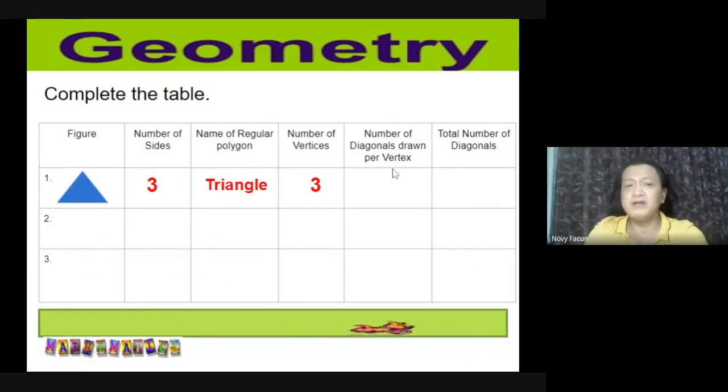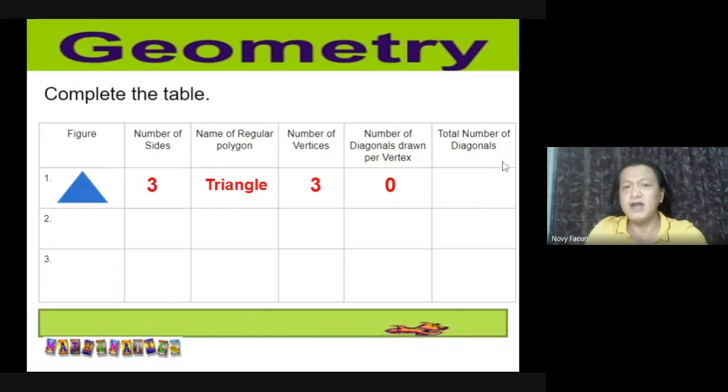Dito naman, number of diagonals drawn per vertex. Okay, di ba? We can use the formula. Ano yung formula natin? N minus 3, that is simply 3 minus 3 kapag sinubstitute natin, kaya 0 siya. Kasi kapag nag-draw ka naman dito, wala kang mag-draw kasi nga 2 non-consecutive vertex. So, hindi pwede mag-draw, kaya 0 siya.